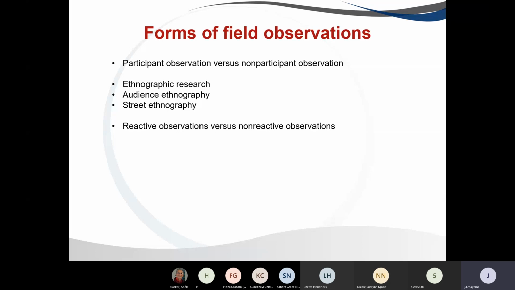On the other end, you can do non-participant observation, where you're at a distance. They know that you are there, but they don't see you all the time. So this is non-reactive, because they might remember you're there once in a while, but for the most part, they're just going about their lives as they usually do. That's usually a good way to conduct observation.